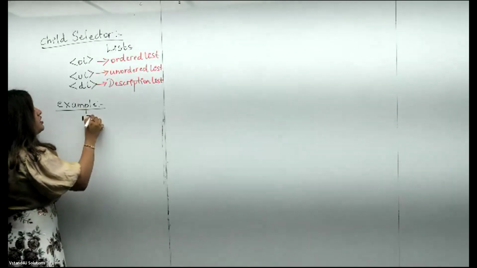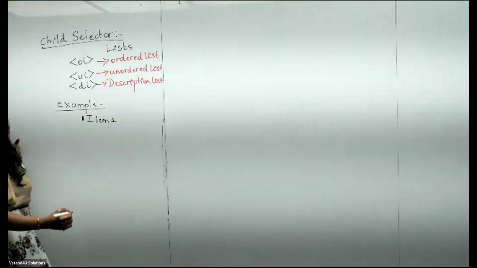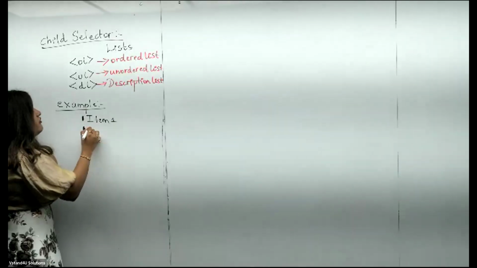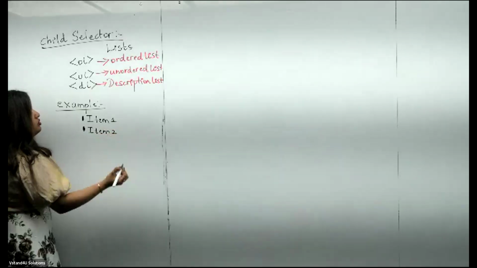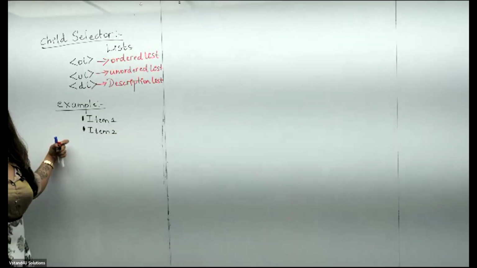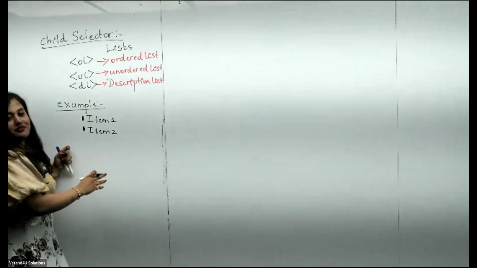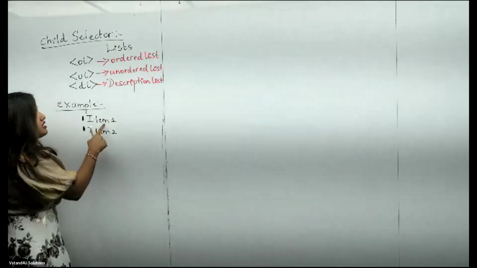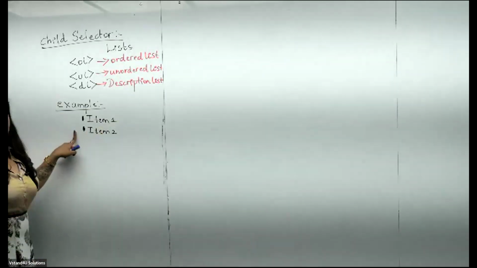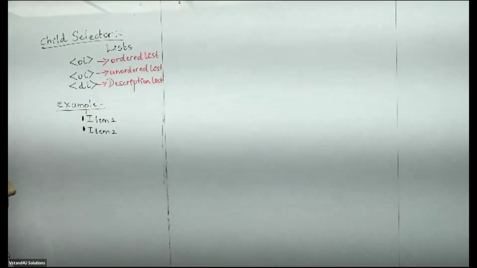First one, let me name this item 1. Next, I will take another unordered list item and name it item 2. Don't worry about the item name, this is just item, something. Now, inside this item 1 and item 2, which is an unordered list, let me consider one ordered list.